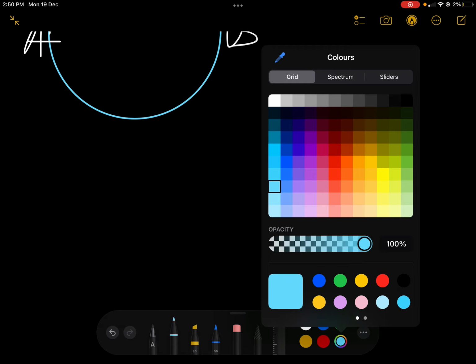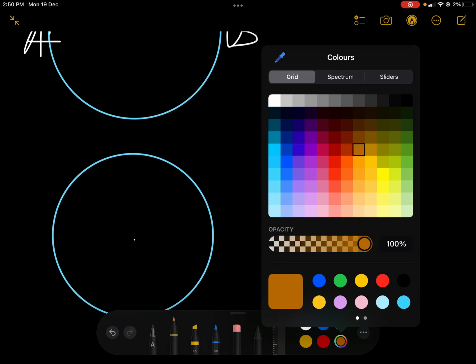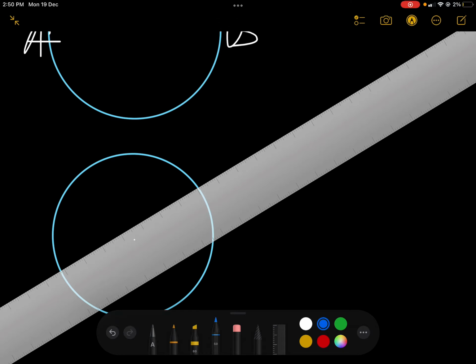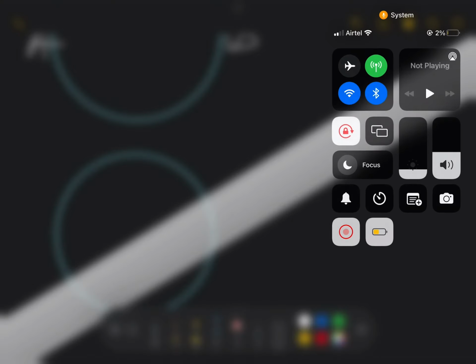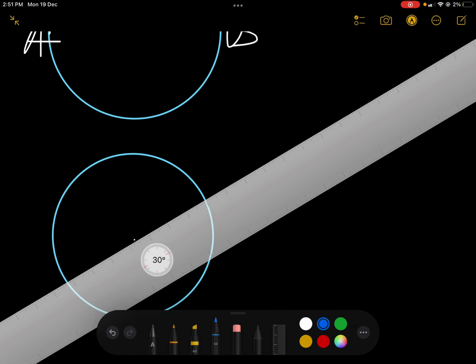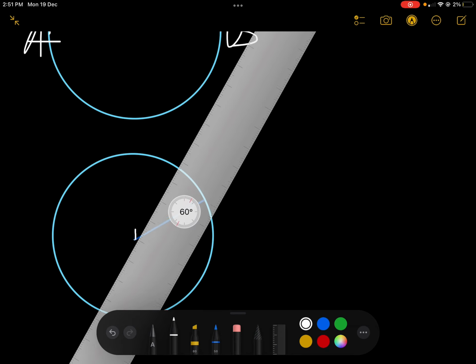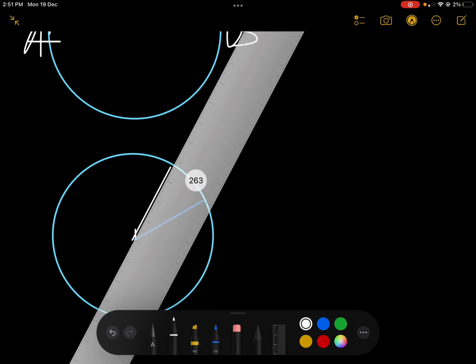Sector. Let's say it is another circle I'll draw here. Now I mark the center like this, and then I take two radii from here, one of them till here, and the other till here, like this.